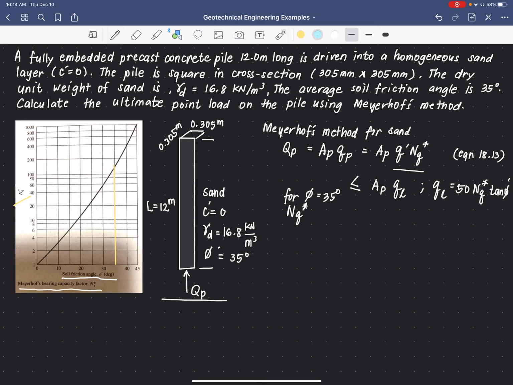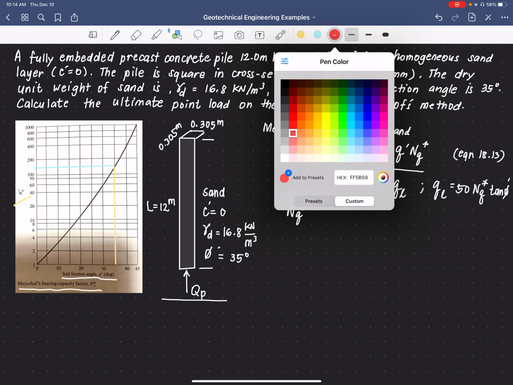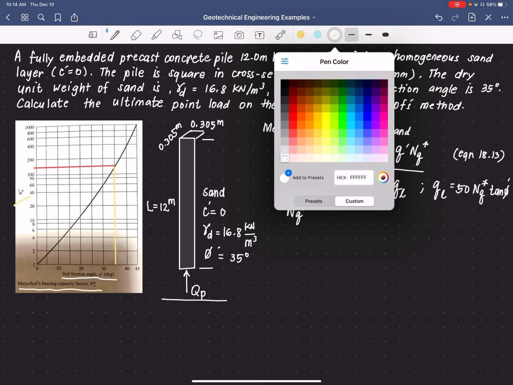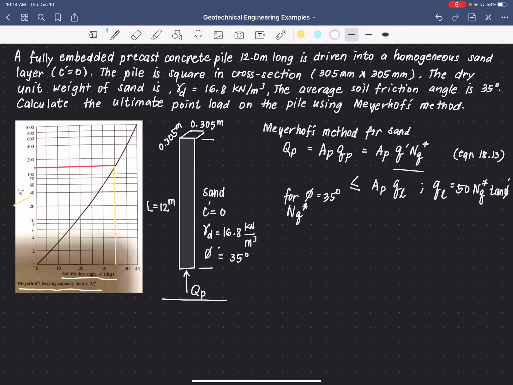So from their intersection, it's not very clear, so let me consider another color. So from this figure, we can say that our N sub Q for an angle of friction of 35 degrees is approximately about 120.